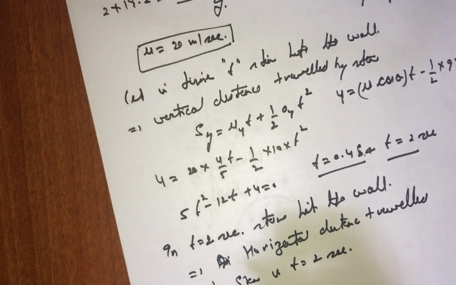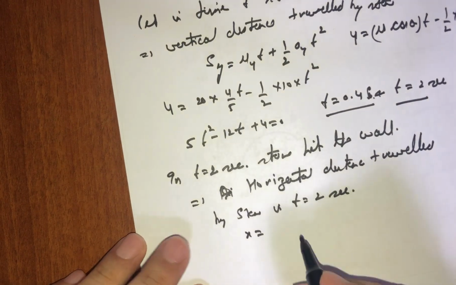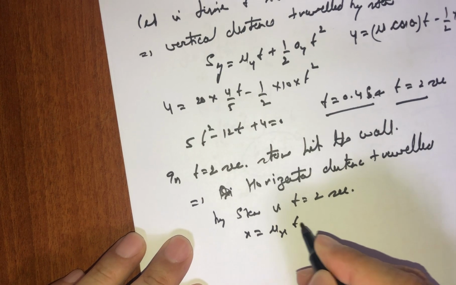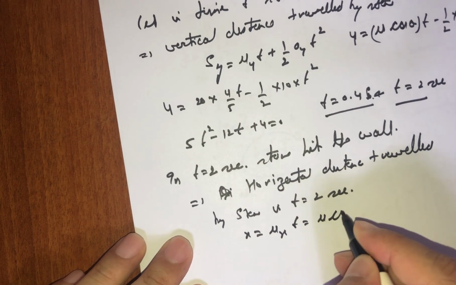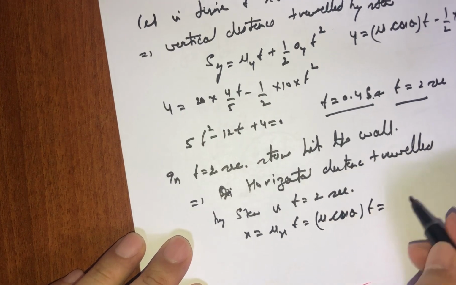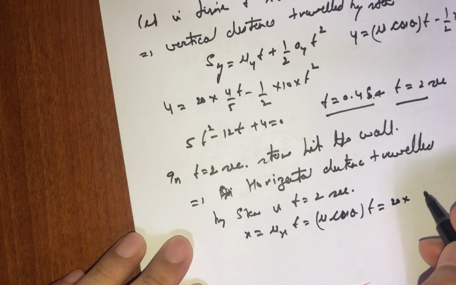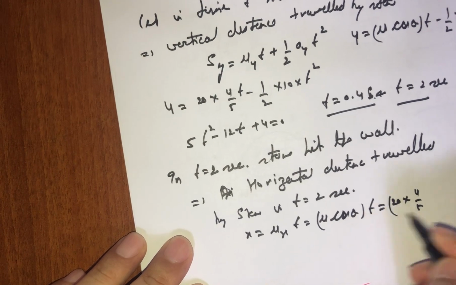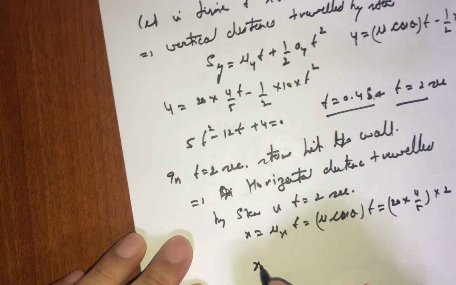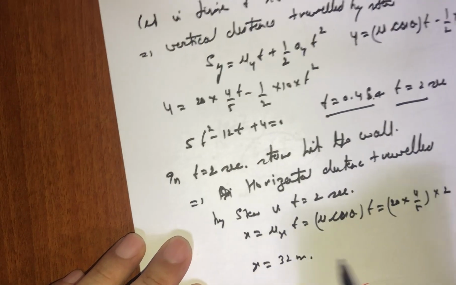We can say that horizontal distance x will be equal to horizontal velocity, that is ux, multiplied by time t. We can write u cos of theta into t. u is 20, cos theta is 4 upon 5, into time 2 seconds. So x will be equal to 32 meters.